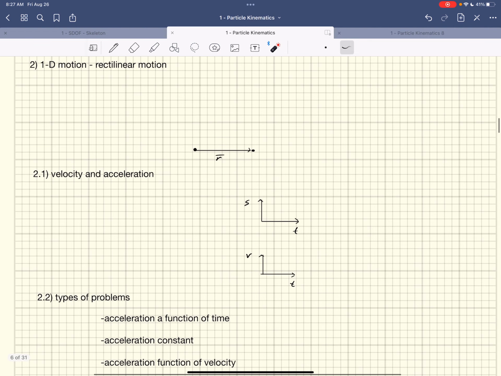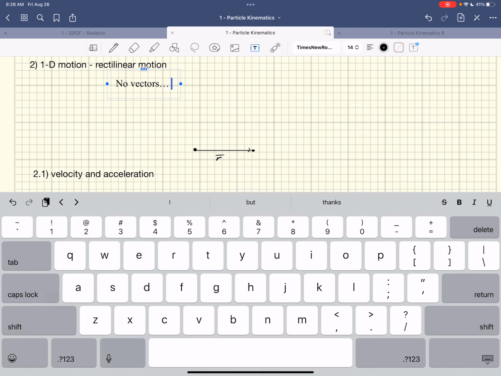The book starts out with this, the same path that they take. They start at 1D motion. There are no vectors. We're going to drop the bars here because they're not vectors anymore, since they're only 1D problems.